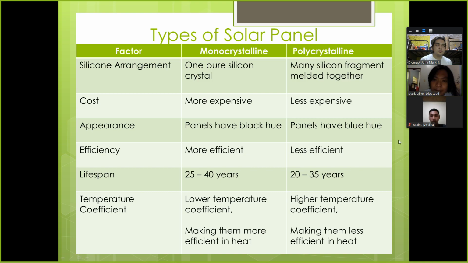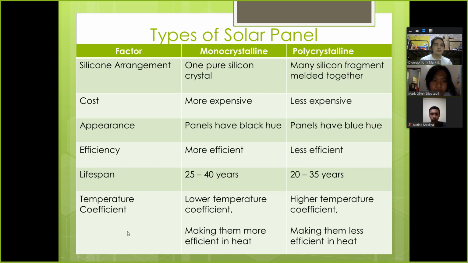Unlike dito na pira-piraso, so syempre, pag pira-piraso yung semiconductor, nagkaroon ng, sabihin natin, impedance sa performance niya. Ngayon, gaano naman katagal tumatagal yung bawat type? Yung monocrystalline, tumatagal siya ng 25 to 40 years. Ito naman polycrystalline, tumatagal siya ng 20 to 35. So, mas mahaba yung buhay ng monocrystalline.